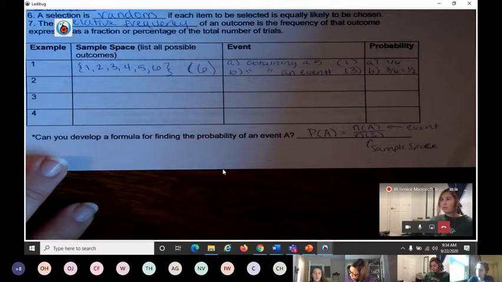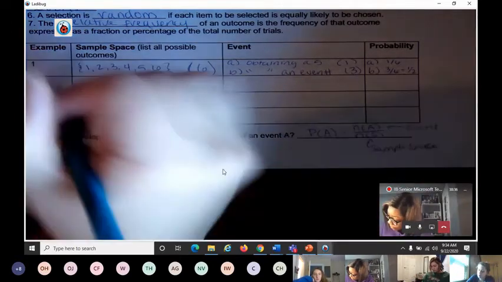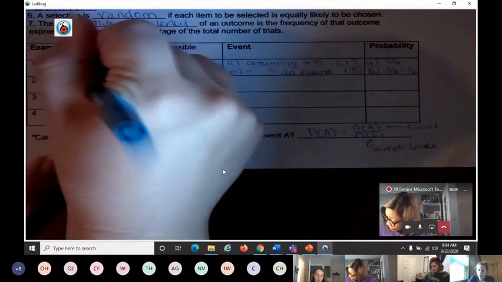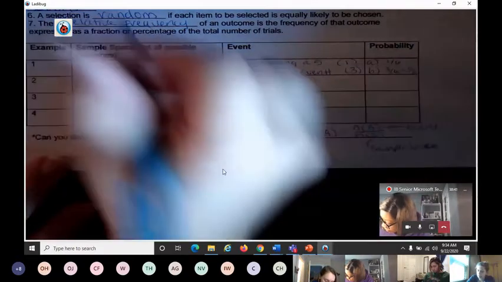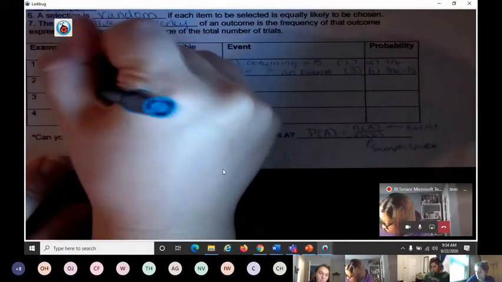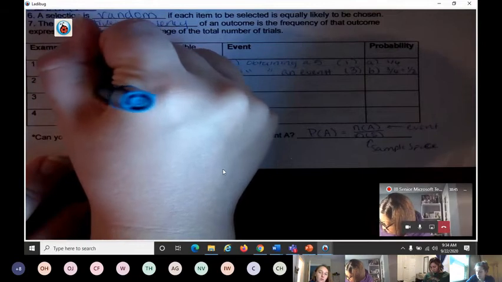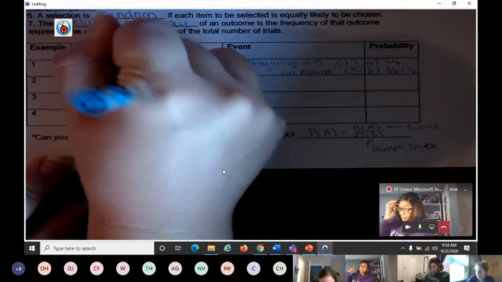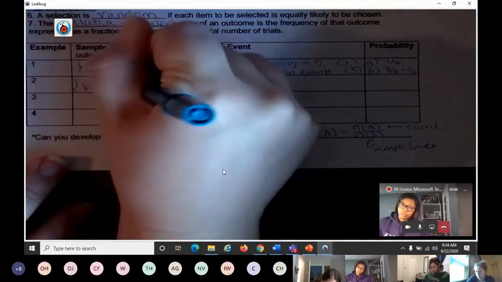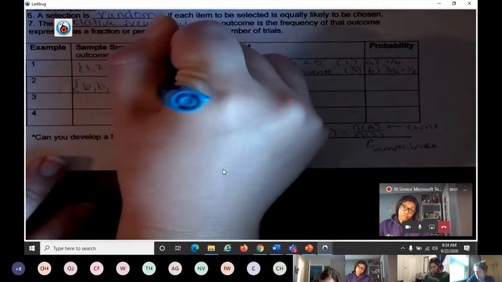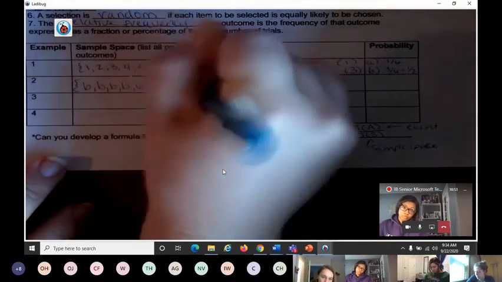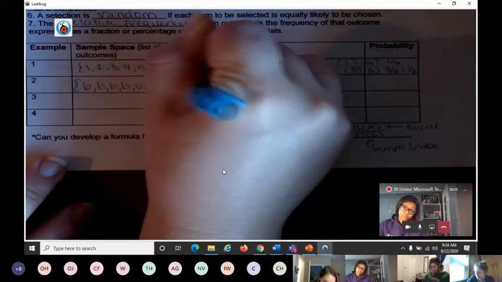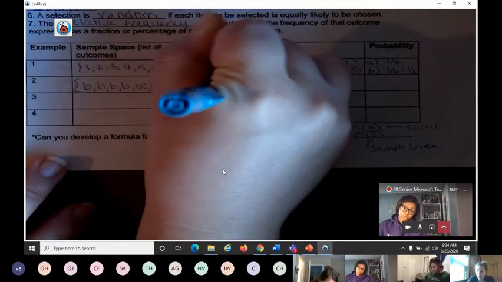Okay, with the second example with the balls, we had 4 black balls and then 6 white balls. So we had black 4 times and then white 6 times, for a total of 10 possibilities.